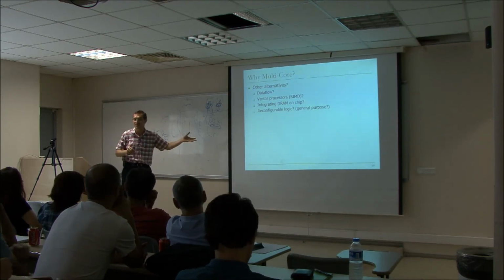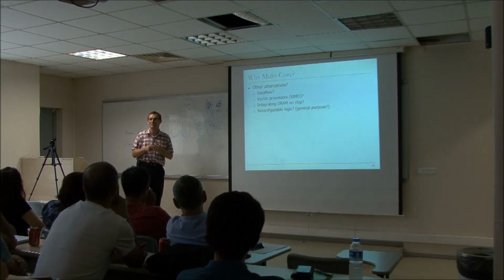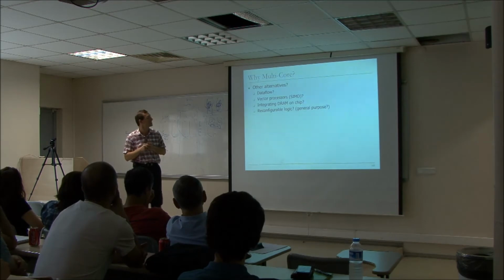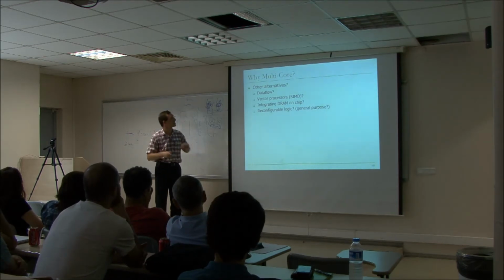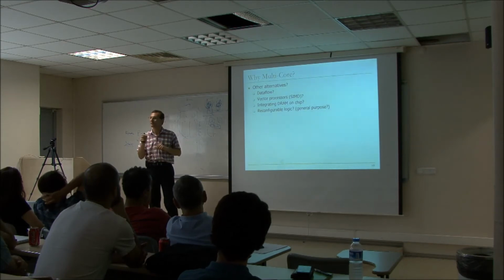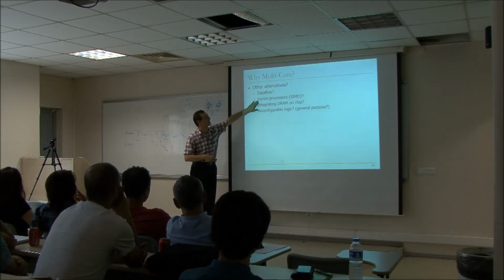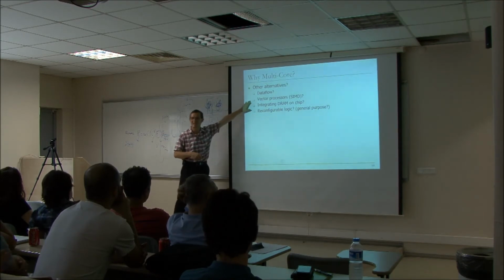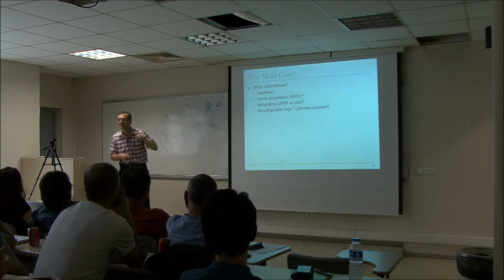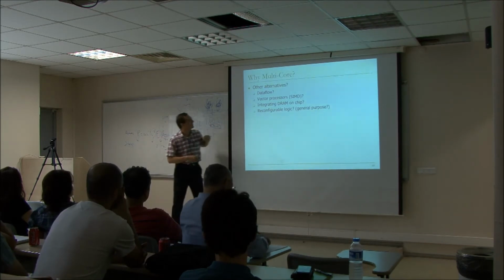There are downsides to it. Like, how do you debug this if you expose it to the programmer? That's one of the reasons why it didn't take off in the 70s and 80s, and even into the 90s. But this could be an alternative to examine if you can figure out how to make it easy to program. Vector processors and SIMD are already available today at mass scale. You can actually program them in a much easier way than SIMD.